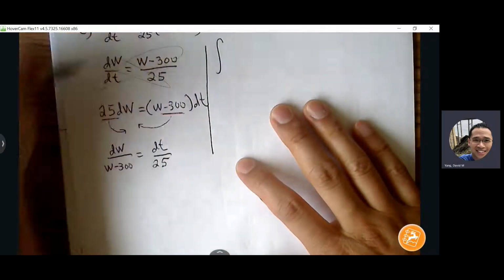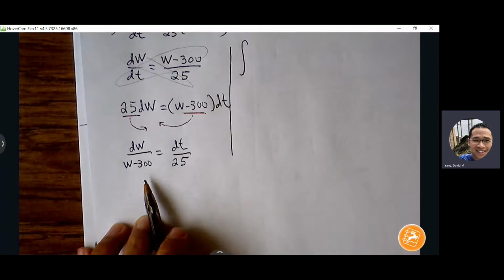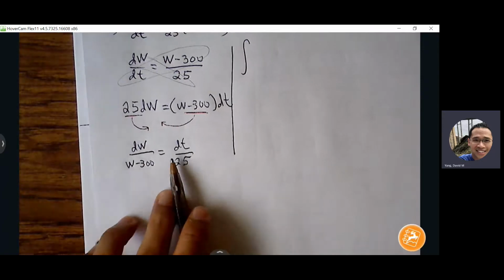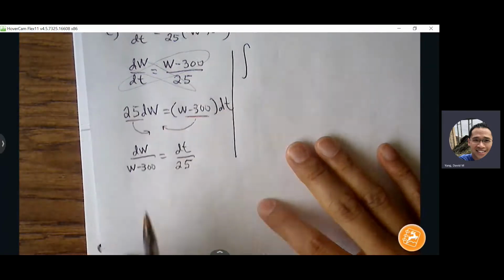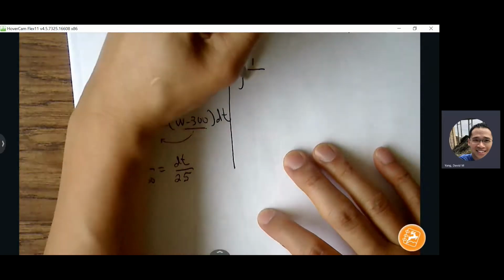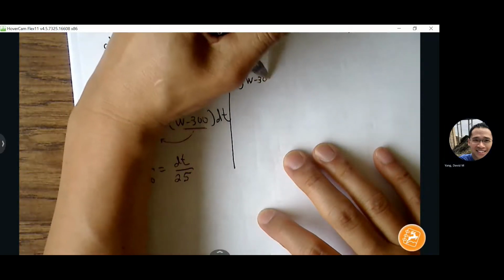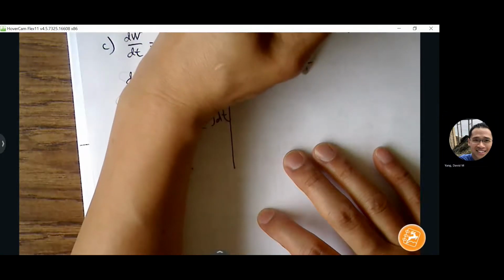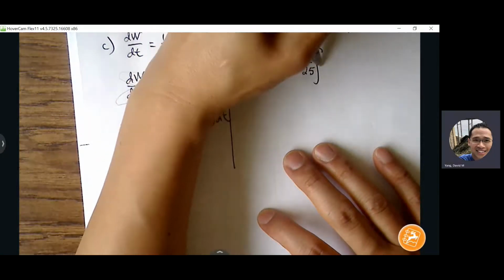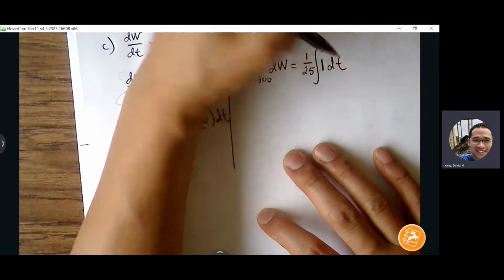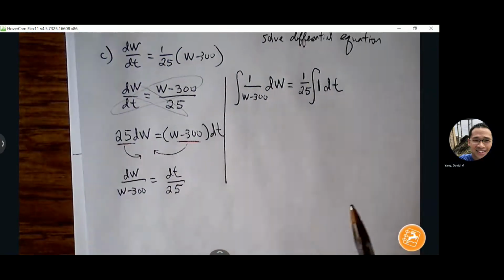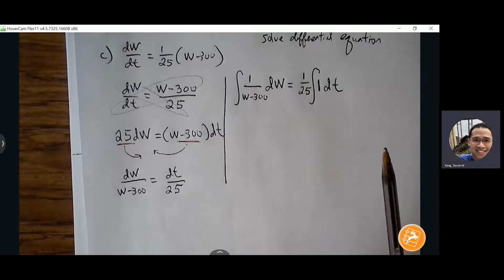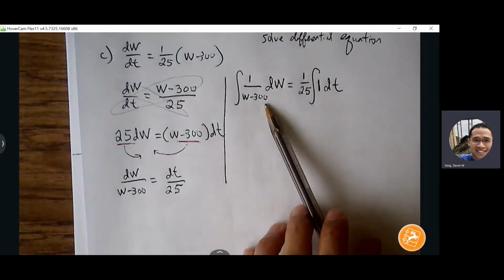All right, I'm going to set this up for integral rule here. I'm going to push that dw out of that fraction just to make it more familiar in terms of what we can do. And if it helps, I can put a 1 dt here. Okay, so what can we do on the left side?